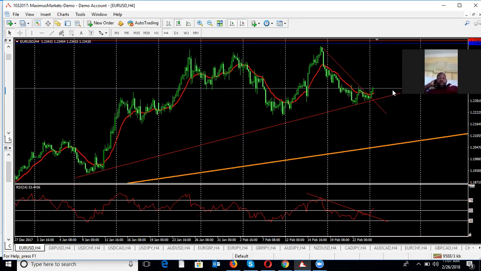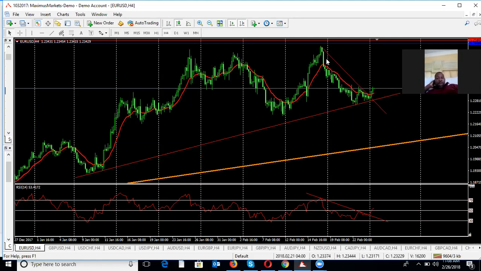There are points that are resistance, and there are points that are support. A level where there is a kind of price action, where price has been and couldn't go beyond that place. That is what we call the support and the resistance.